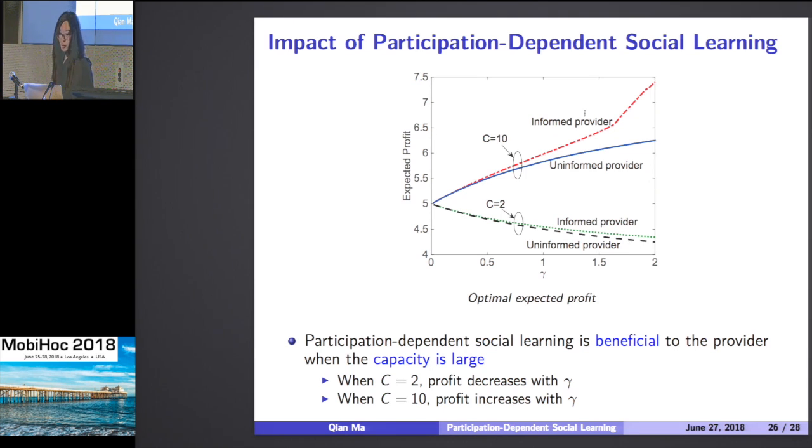Then let's move on to the two upper curves, which represent the informed provider's profit and the uninformed provider's profit when capacity is large. We can see that when capacity is large, the provider's profit will increase with the social learning influence parameter. So we can draw the conclusion that the participation-dependent social learning process is beneficial to the provider if the provider's capacity is large.